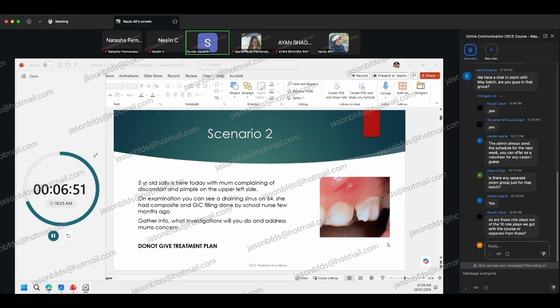Thank you, Mom, for providing this information. It's very helpful. Let me summarize, and if I'm wrong, you can correct me. Sally had a filling done by the school nurse in the back tooth, and after that she developed some pain on biting, a pimple on the gums, and some sensitivity on the other side. Am I correct? Yes. Thank you. Just one more thing: any bleeding from the gums? Not really, no, nothing like that.